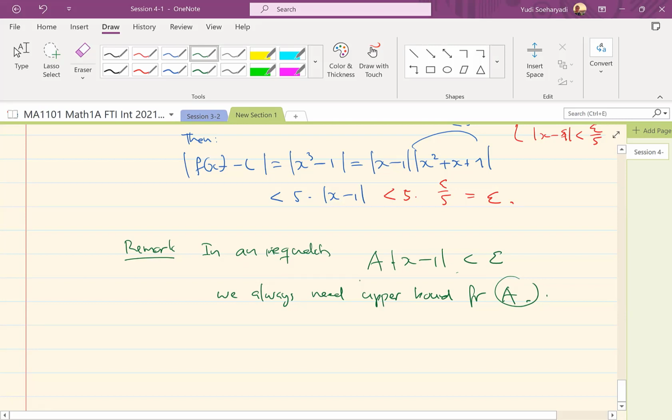You might have heard what we call the worst case scenario, the largest possible that is still true, still less than epsilon.